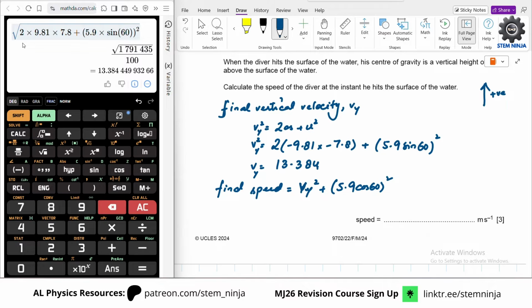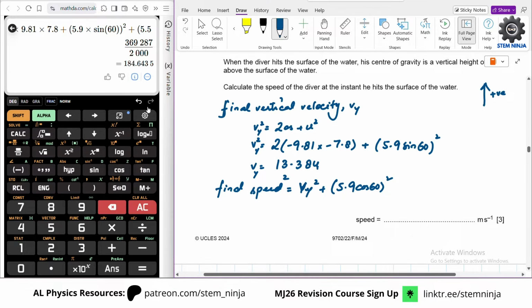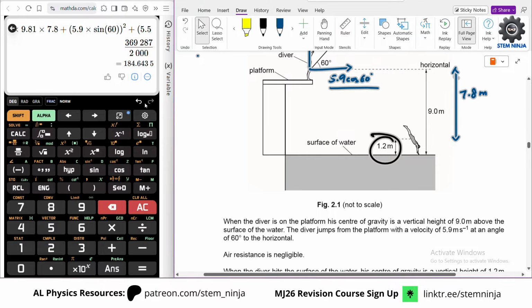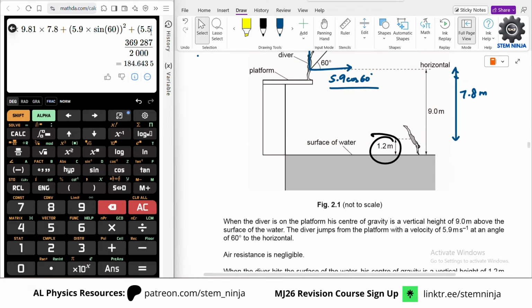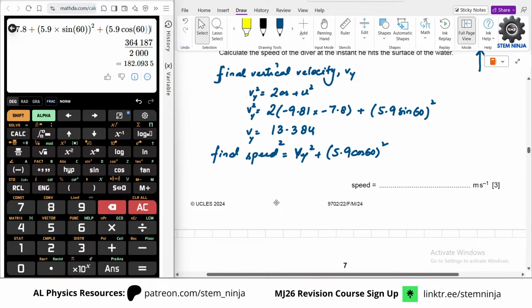So what we can do, this is your Vy squared plus 5.9 cos of 60, and we need to square this also.